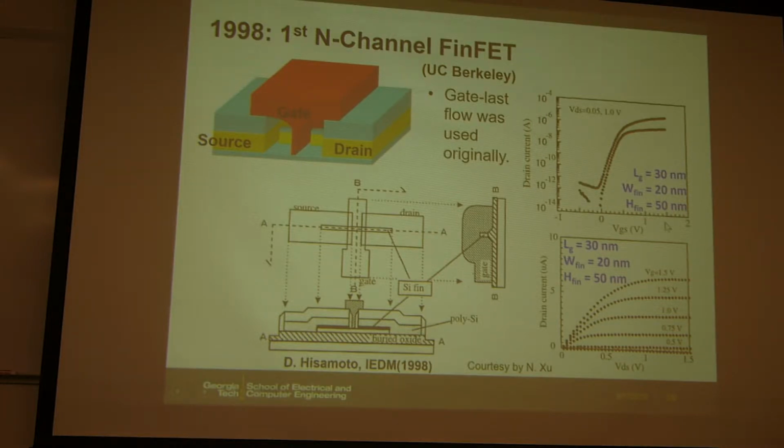So this was amazing, more than 20 years ago, at a university clean room, making such small devices and showing almost perfect ID-VG curves. So the subthreshold slope is pretty good. So this was the first demonstration of the concept.